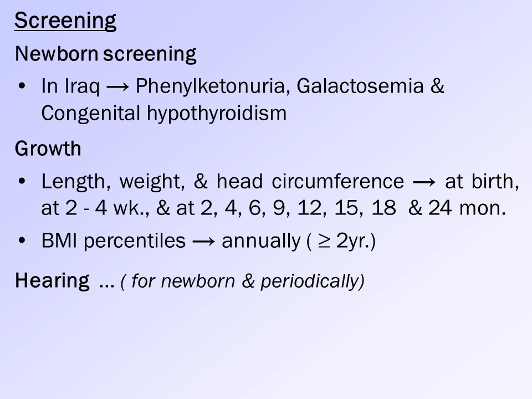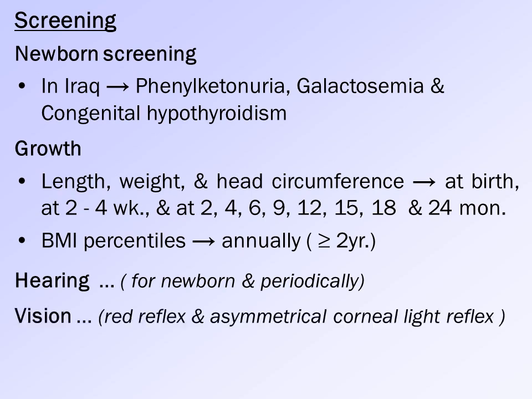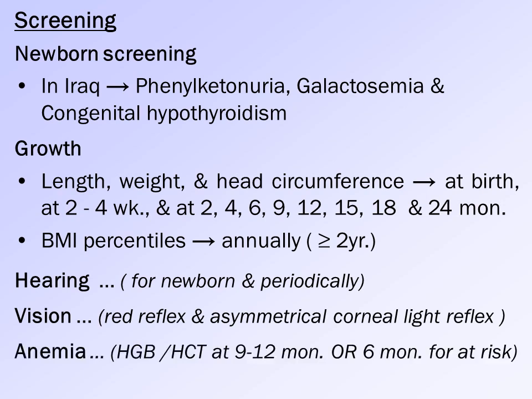Also, we should assess the hearing for the newborn and periodically assess the vision for red reflexes and asymmetrical corneal light reflex, and assess anemia by measuring the hemoglobin or the hematocrit at 9 to 12 months, or 6 months for at-risk children.